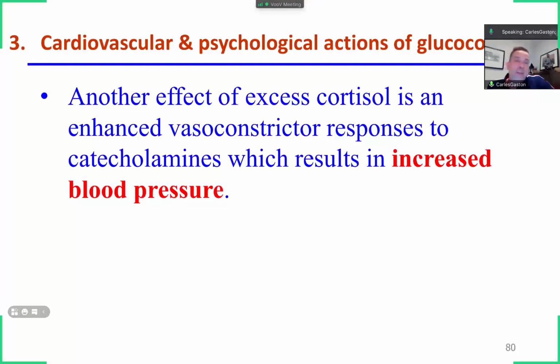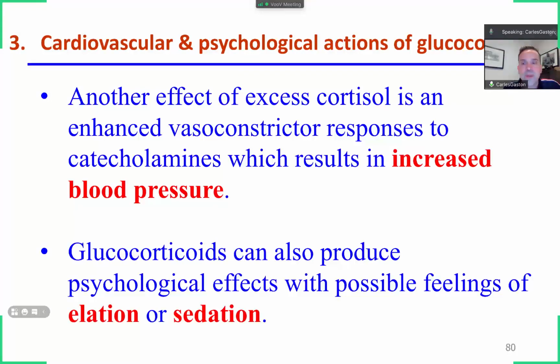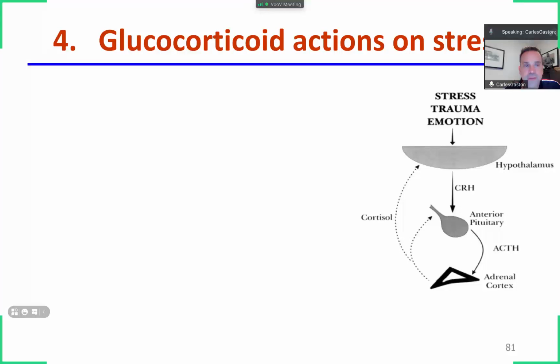Another effect of excess of cortisol is enhanced vasoconstriction response to catecholamines, which results in increased blood pressure. Together with adrenaline, it works on the stress response systems. Glucocorticoids can also produce psychological effects with possible feeling of elation or sedation.